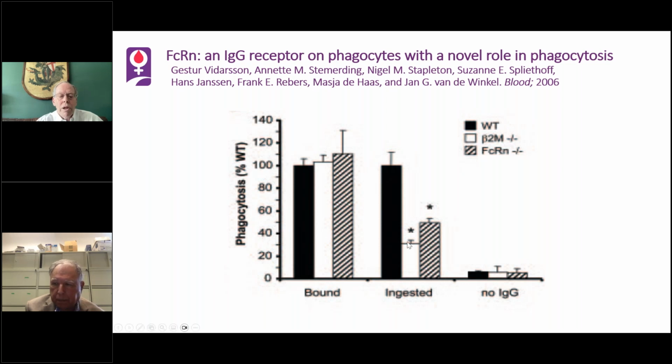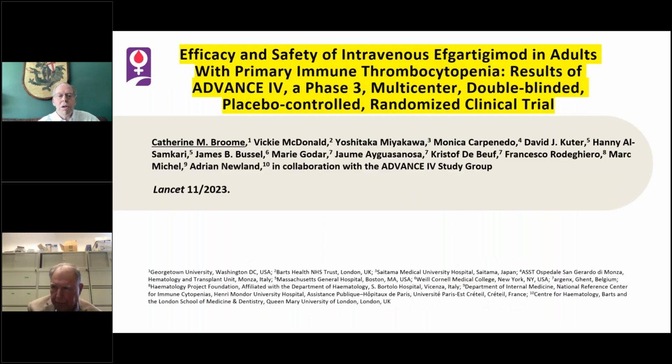But when you look to see ingestion in the wild type, the bacteria is completely ingested. But in the beta-2 microglobulin deficient and the FcRn deficient model, there is not complete phagocytosis by any means. So this suggests that there is an effect on phagocytosis, and this remains to be better described, but may explain some of the results we see.